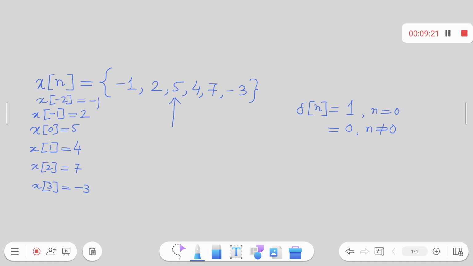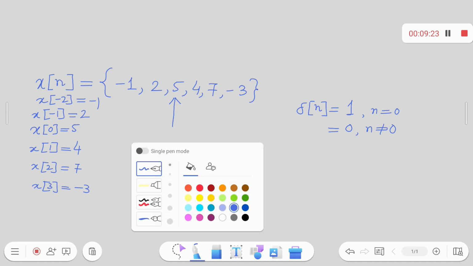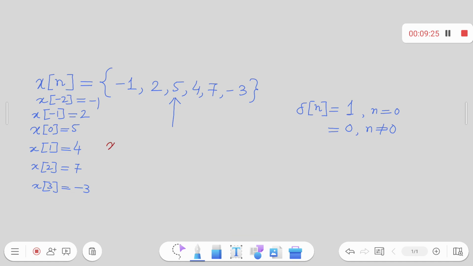This x of n is given by, first, the first element, minus 1. It is located at n equal to minus 2, so you have to shift the delta function in the backward, leftward direction by 2 units.